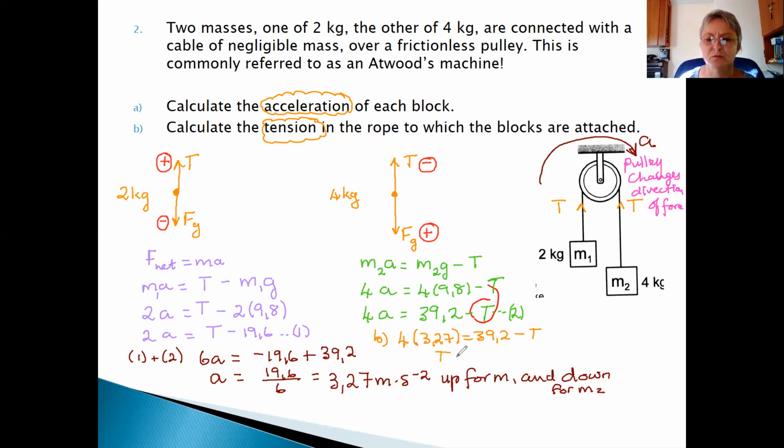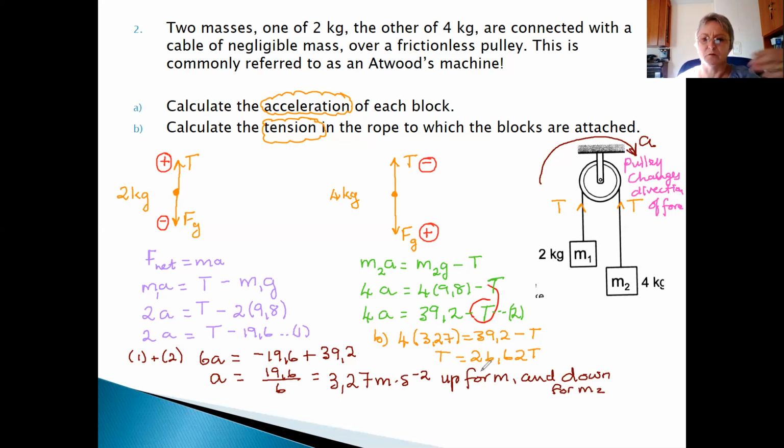So tension would be 39.2 minus the 4 times 3.27. And I get tension to be 26.62 Newton.